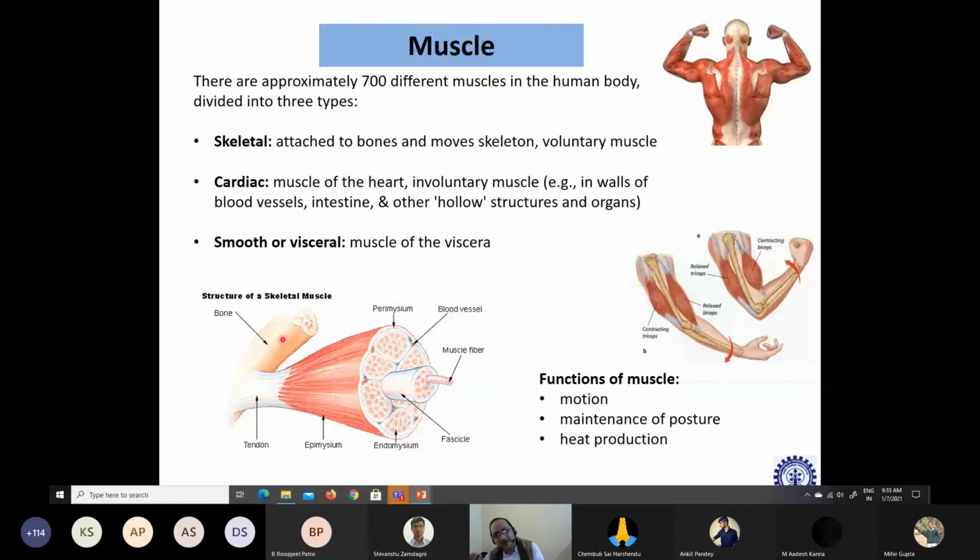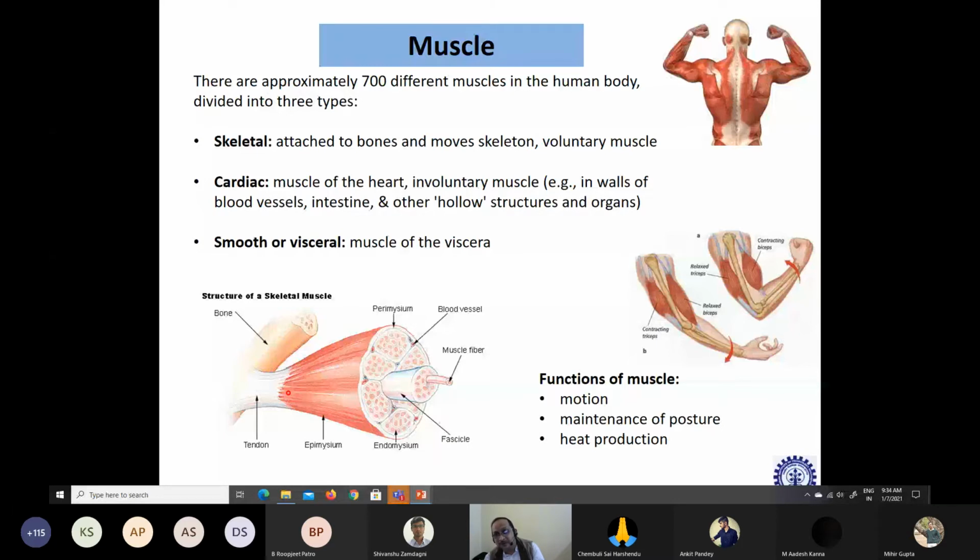Another very frequent term that you come across is ligaments. The tendon, as you might know, attaches muscle with bone. So the function of tendon is to control the attachment of the muscle to the bone.